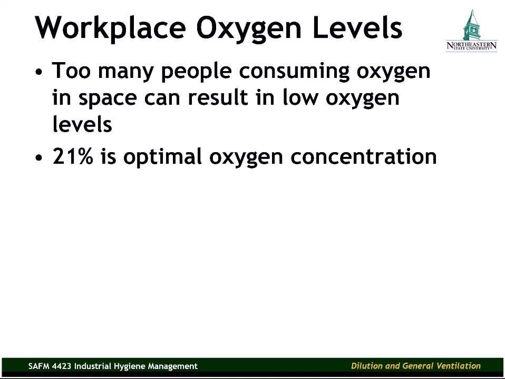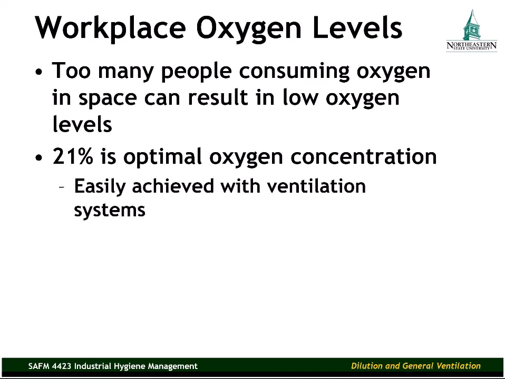People are not able to concentrate. If you get down into the really low ranges, it can be fatal at a particular point. Got to have oxygen to survive. Now, optimal oxygen levels, if the ventilation system is working properly, can be achieved without a lot of additional effort.